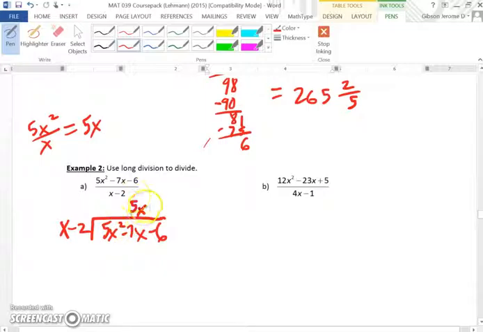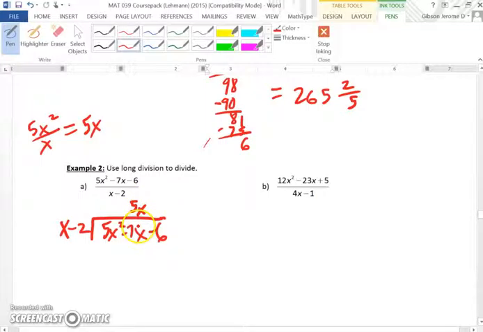So we have 5x squared divided by x, which leaves us a positive 5x. And we would line this up over the negative 7x because both of them have the same base of x.